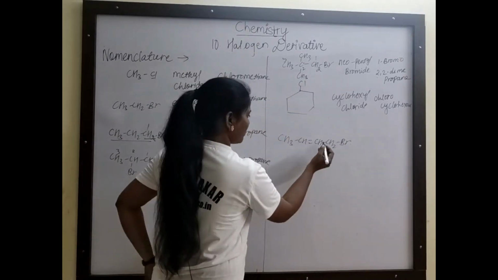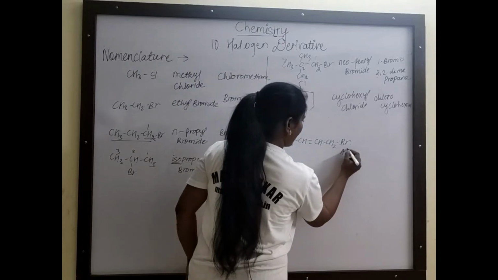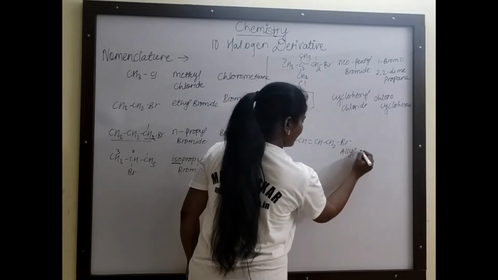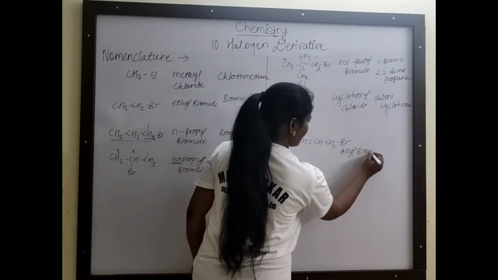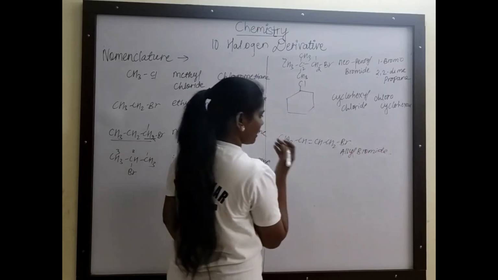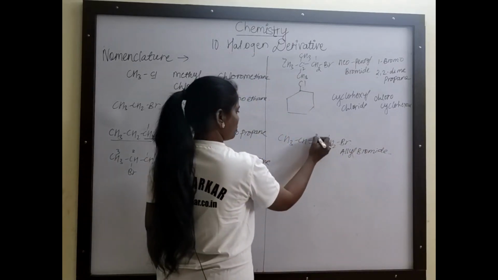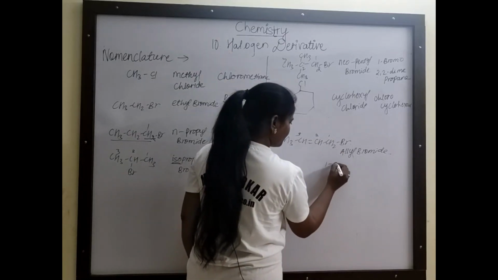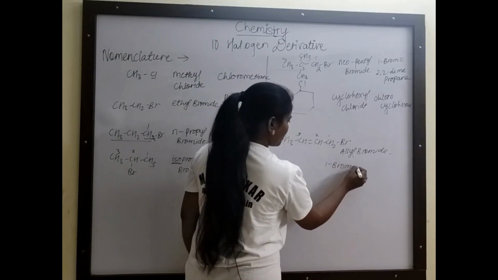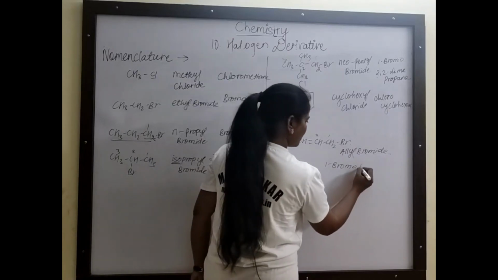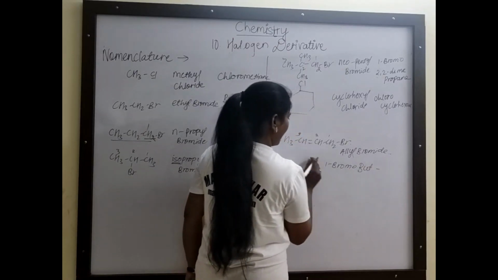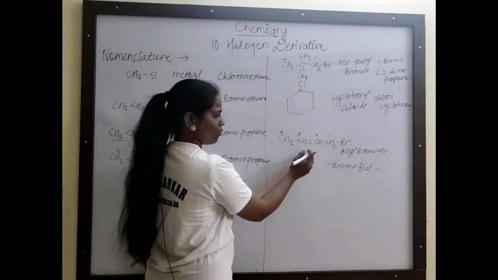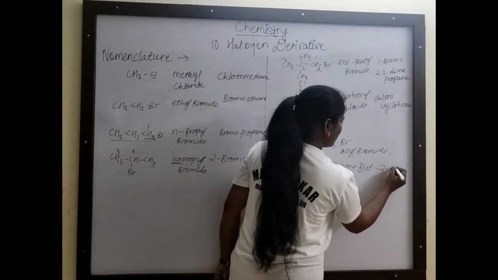So here we have to give the common name to this one according to the classification. This is allyl bromide in common name, and the IUPAC name, what can we write? 1, 2, 3, 4. So 1-bromo. Due to the 4 carbon atoms, the root word is but. And on the second carbon atom, a double bond is there, so it will be 2-ene.